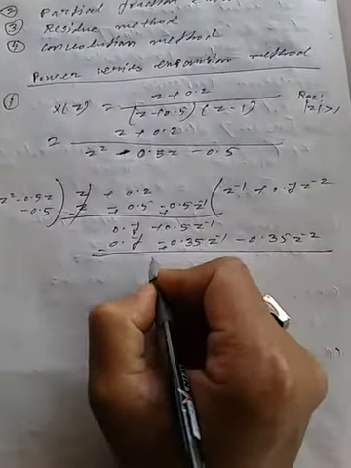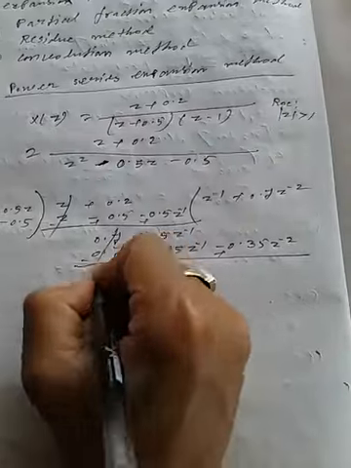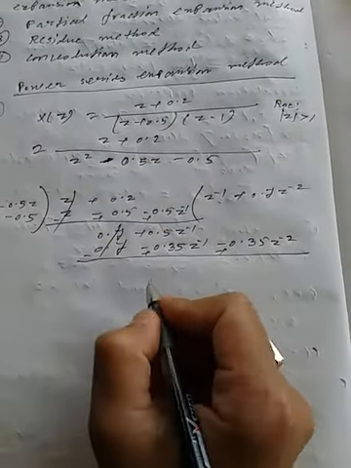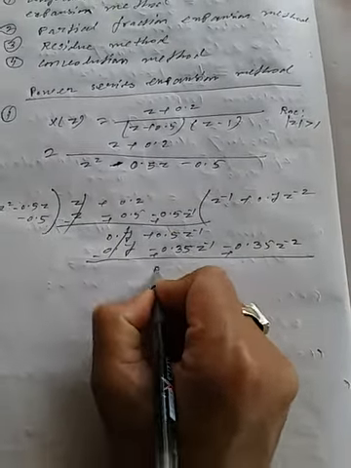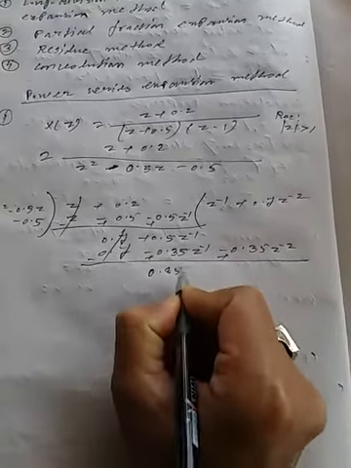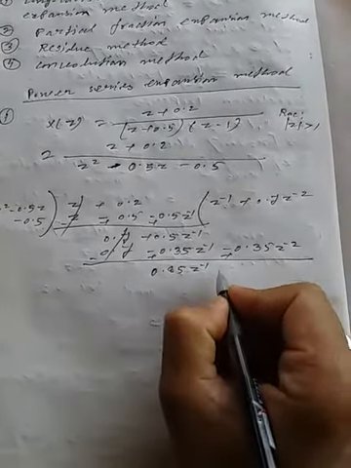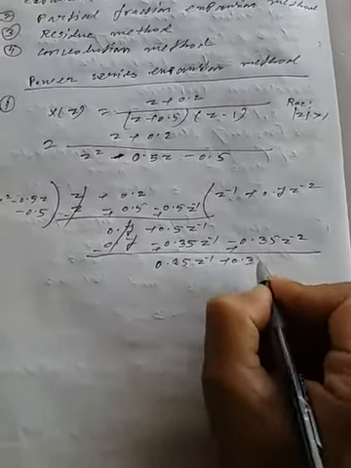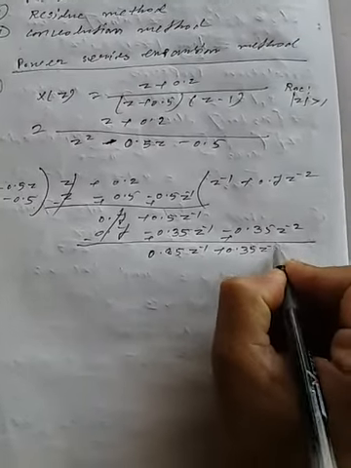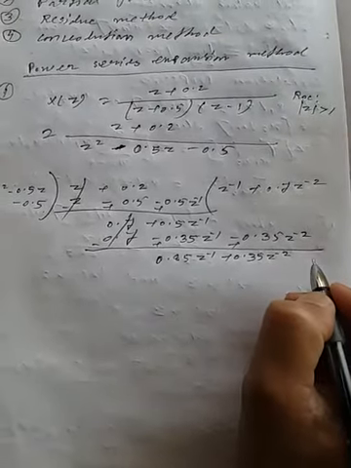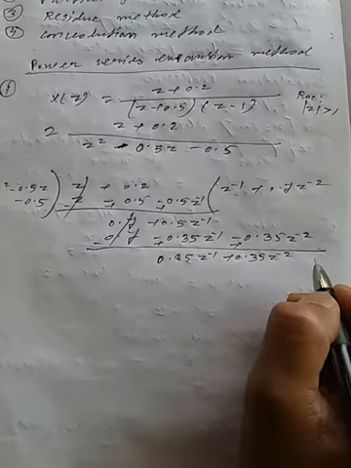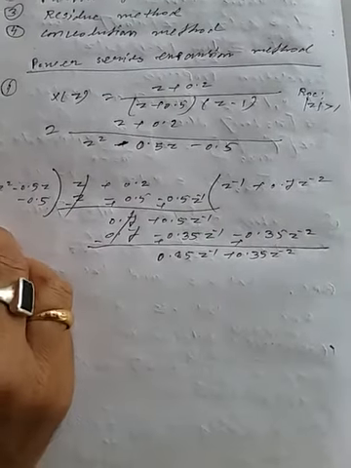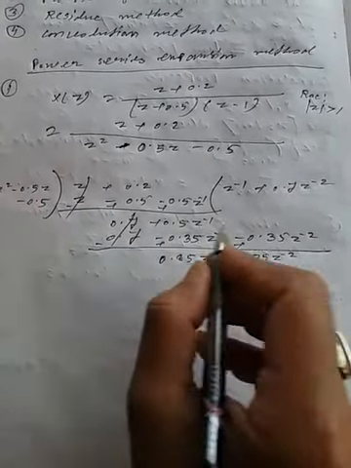Now if I subtract this portion, this will cancel out, and the total remaining portion will be 0.85 z inverse and 0.35 z to the power minus 2. Okay, now we have to multiply this portion by 0.85 z to the power minus 3.